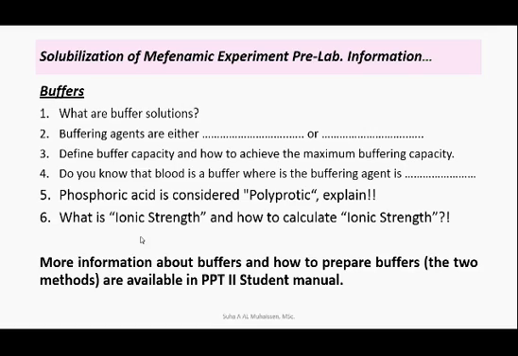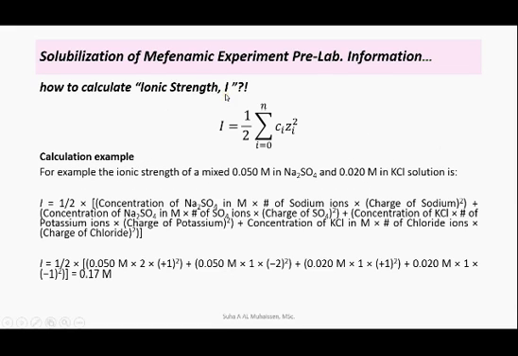The ionic strength, I, of a solution is a function of the concentration of all ions present in that solution and is calculated as: I, the ionic strength, is equal to half of the summation of all ions' molar concentrations multiplied by the squared value of the ion charge.